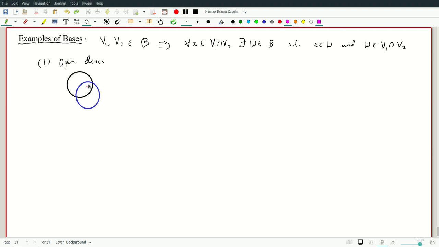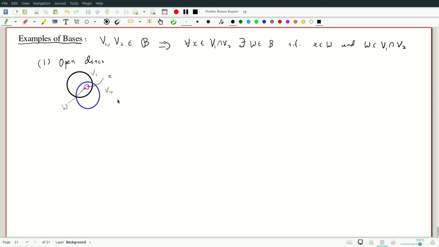So if I manage it correctly, I can draw an open disk here, and this is W. Okay, so let's label things now in these disks. So this point here, the red point, is x, and we have V1 and we have V2, and this one is W. The purple circle is W.